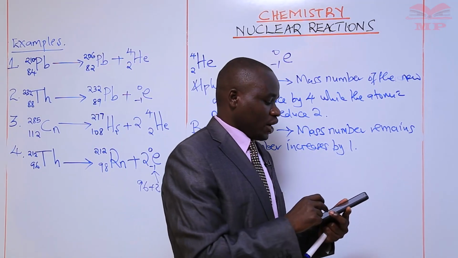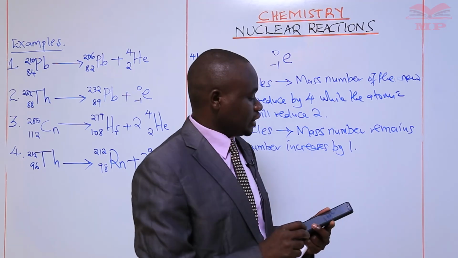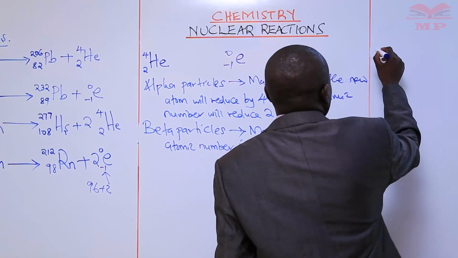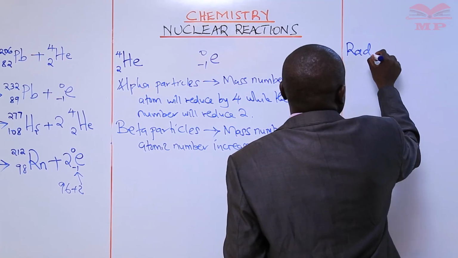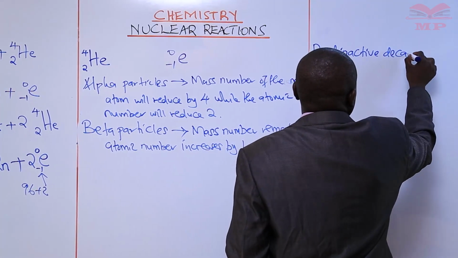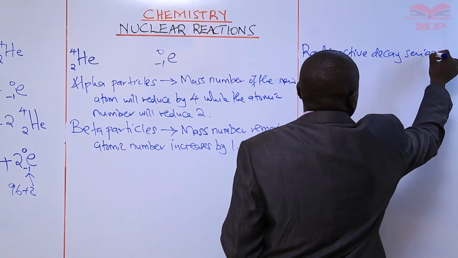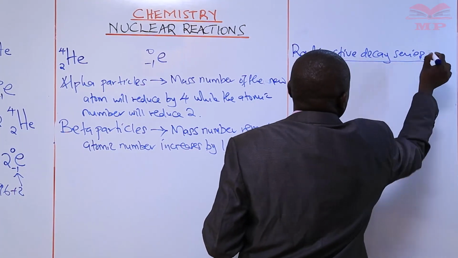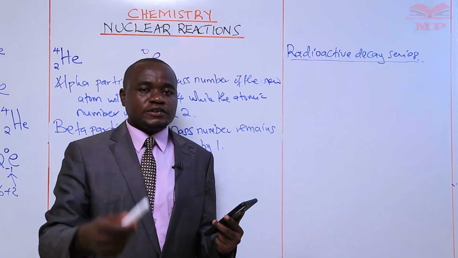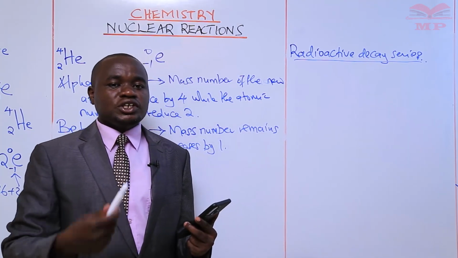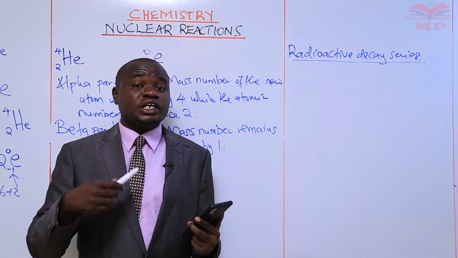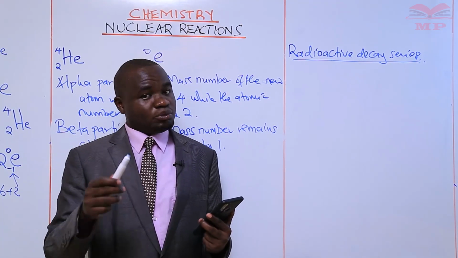So these are examples of what you are calling nuclear equation. So I want us to look at something that is related to that, and that is called radioactive decay series. So when we talk about a series, it means decay is happening in several steps. We have seen a nuclide that is unstable will undergo radioactivity to produce a stable nuclide.